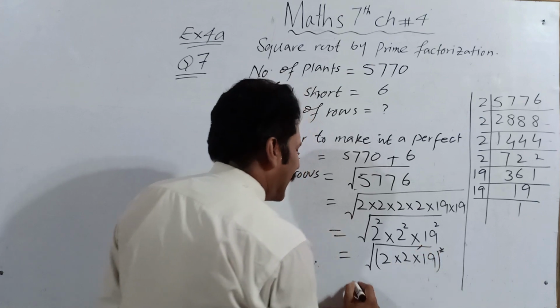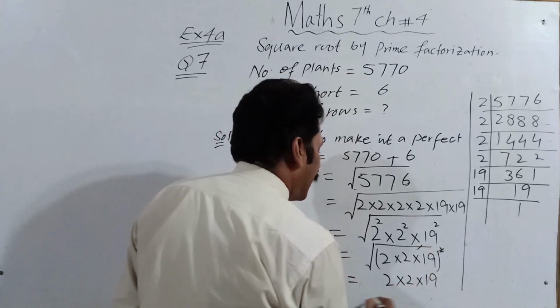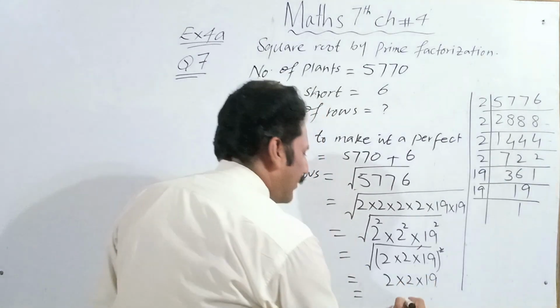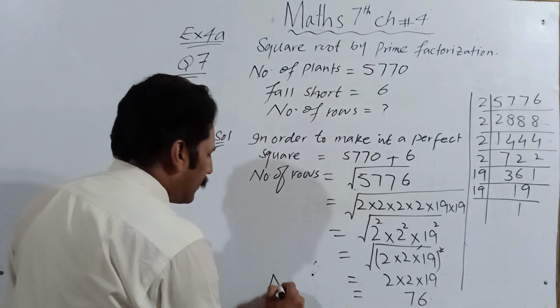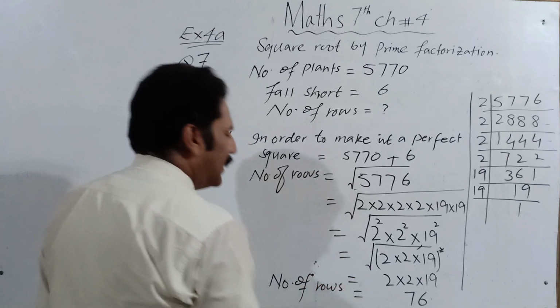Square and square root will be cancelled. The answer will be 2 multiplied by 2 multiplied by 19. 19 2s are 38. 38 multiplied by 2, 76. So number of rows that he wants to make is 76.